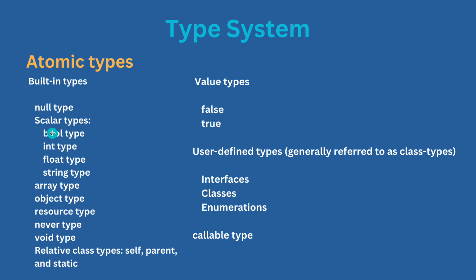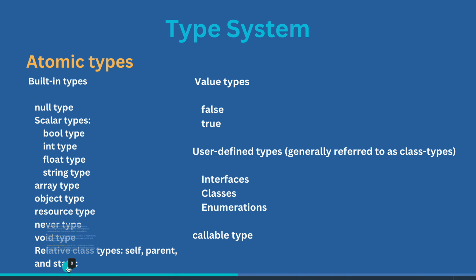Null type. And here one important and interesting thing is that Boolean, integer, float and string are known as scalar types. Clear, guys? Boolean, integer, float and string combined are known as scalar types. Then there are array type, object, resource, never type, void, relative class types self, parent and static.